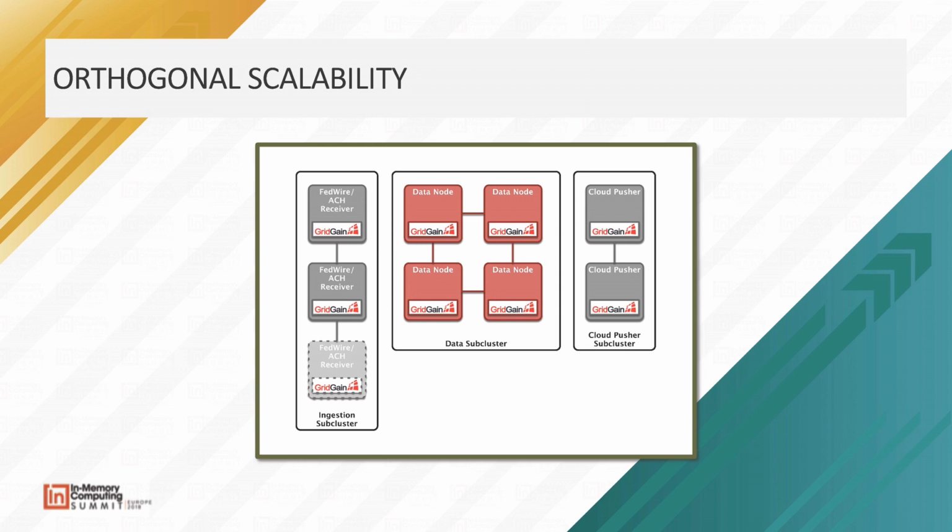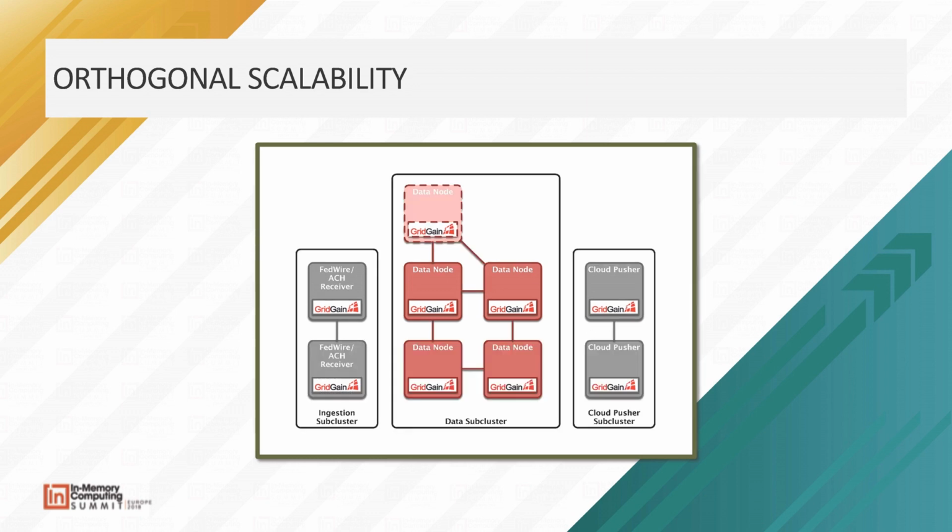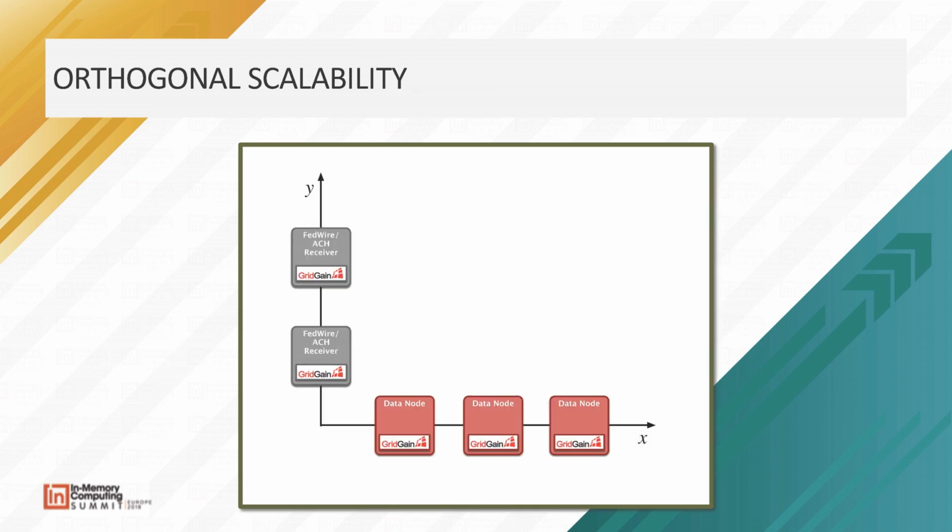And because these nodes don't contain data, there's no issue of hydrating memory with data on disk or anything like that. Likewise, if we want to add more data capacity, we add a new data node and we don't really even worry about any of these other components. Orthogonal is obviously a mathematics term that we all learned in linear algebra about two axes that meet at a 90-degree angle.